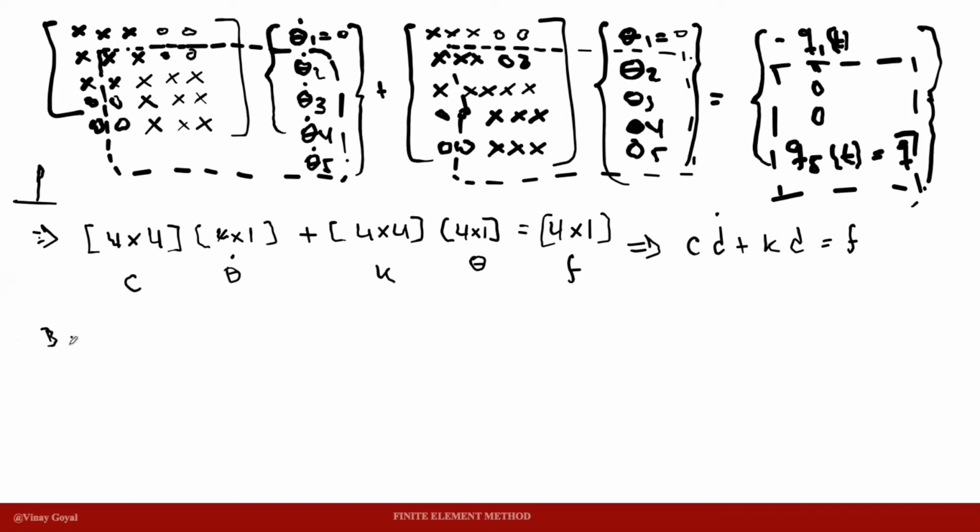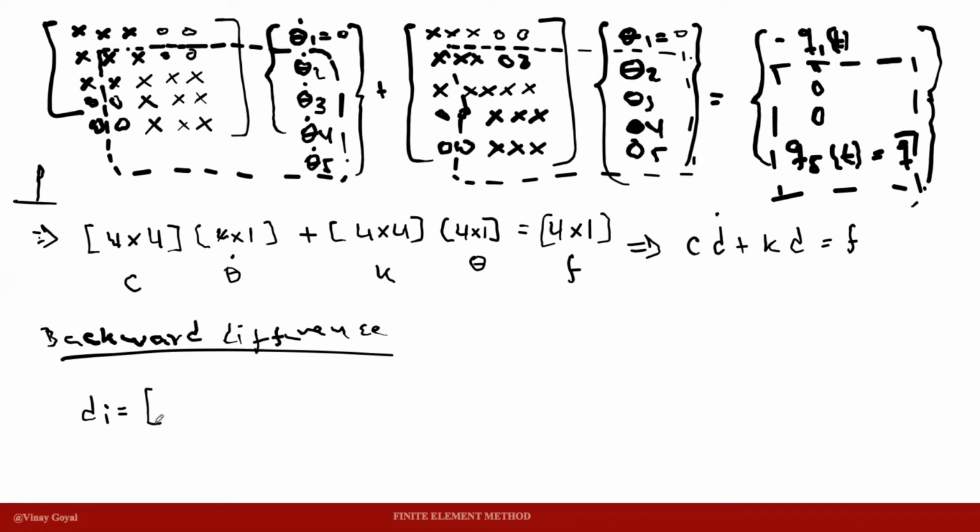So if we use the backward difference, the formula derived for this method looks like this. Where C is the capacitance matrix, K is the stiffness matrix.